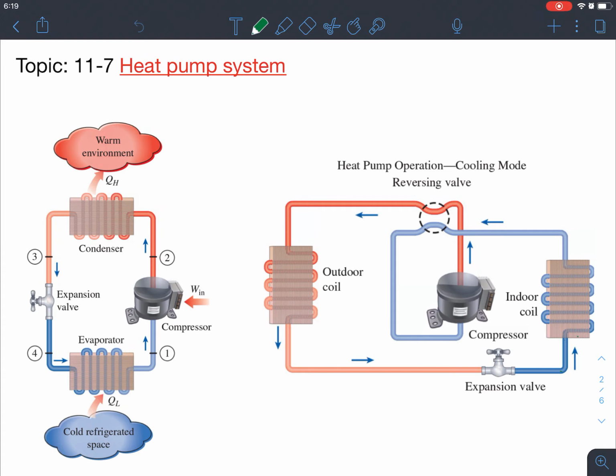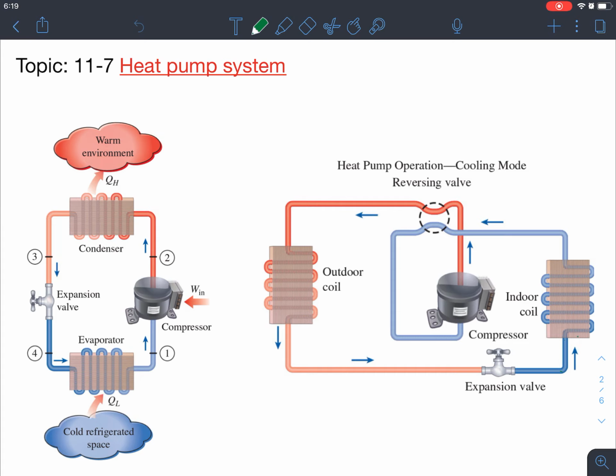However, the billing cost of those heat pumps is relatively smaller. That's why in the United States, one third of households are adopting heat pumps for their heating and cooling applications. So let's take a look.